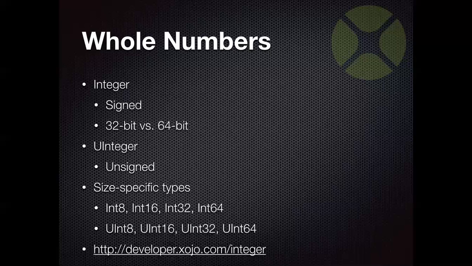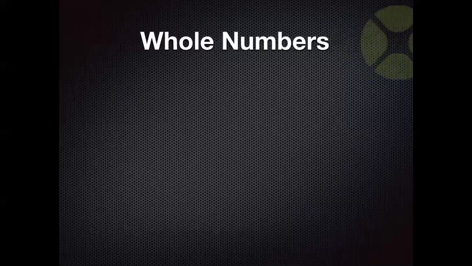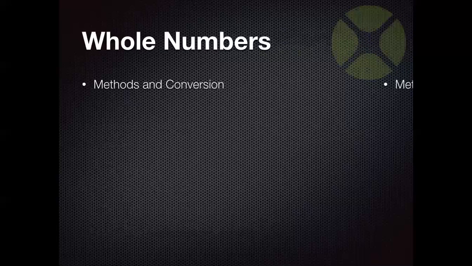You can read all about integer on the website here, the new doc site, the integer page. And a little bit more about this. There are methods that are now available on these types. So if you've done a lot of Xojo programming for years and years, you're aware there's a lot of global methods that work on these things. But the new framework adds some methods that are part of the integer type.